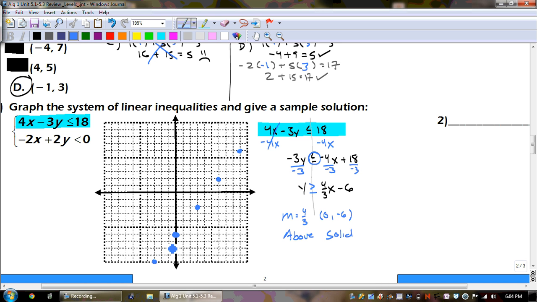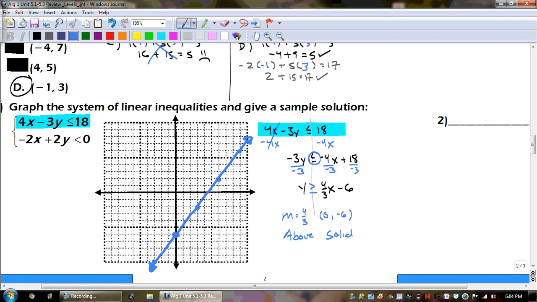And there we go. So I'm going to graph that using my straight edge, and then I'm going to add my arrows. Okay, so there's my first one.